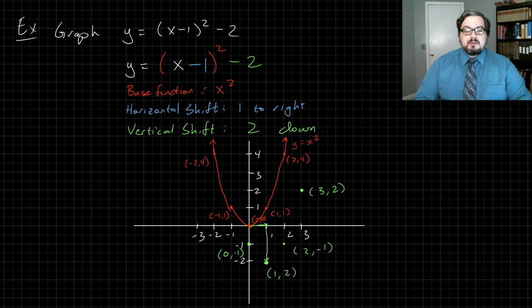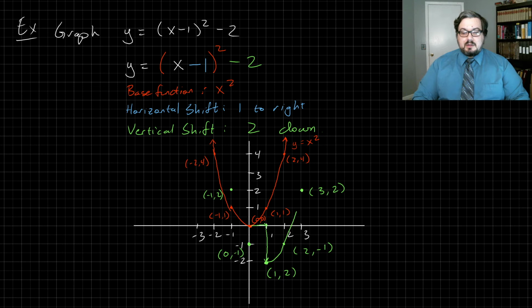And so finishing up, we get (-1, 2) as our last point. So now the green points are points on the graph of the function that we were working with, y equals (x minus 1) squared minus 2.